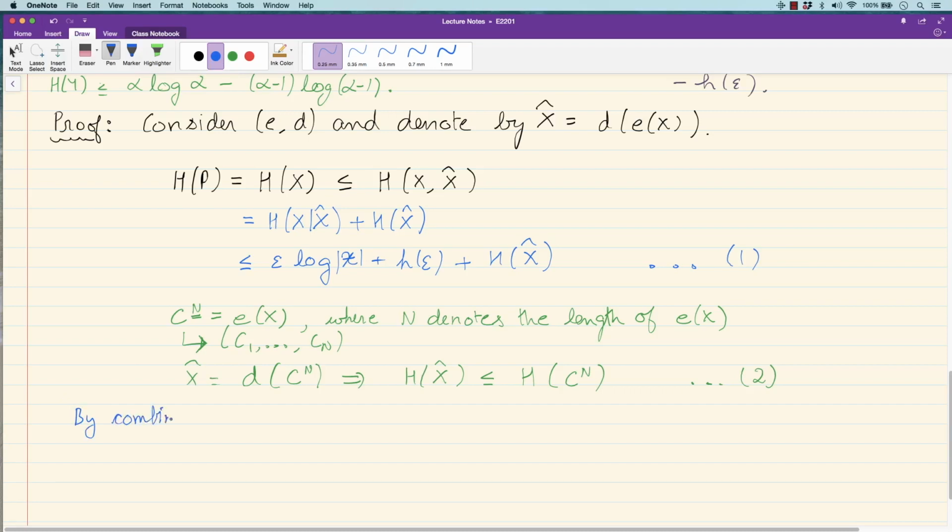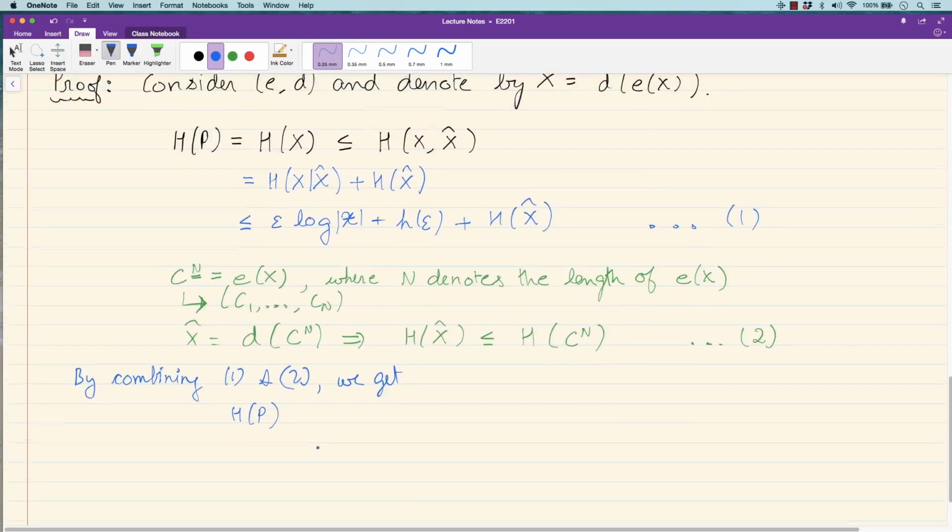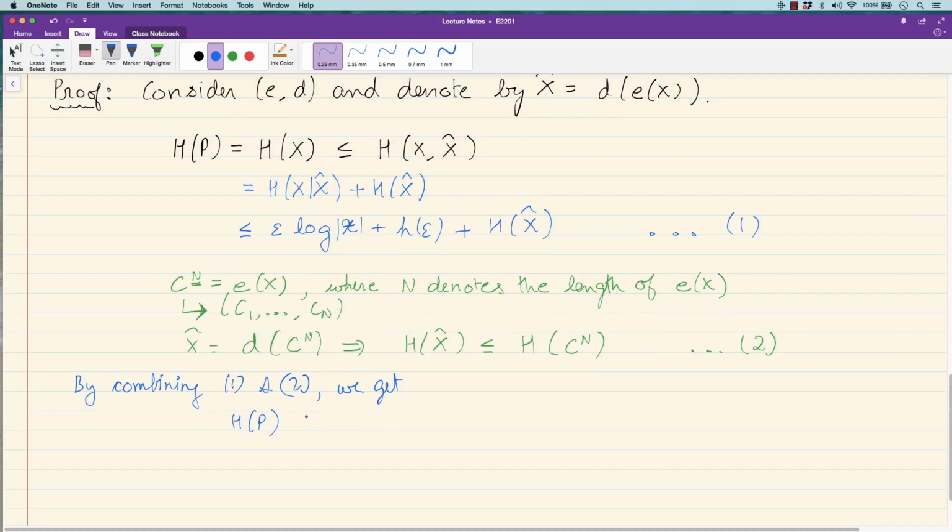By combining equations 1 and 2, what we get is h of p is less than epsilon log cardinality of x plus binary entropy of epsilon plus h of Cn.